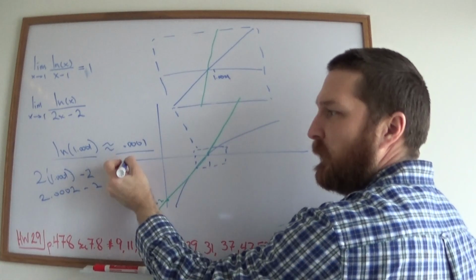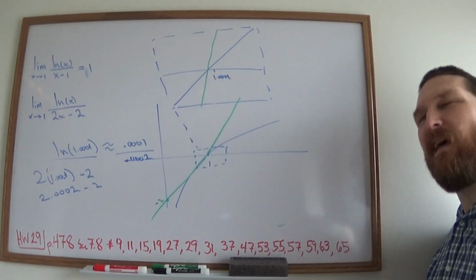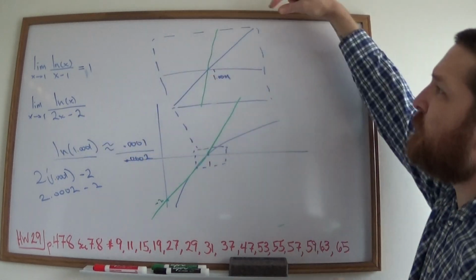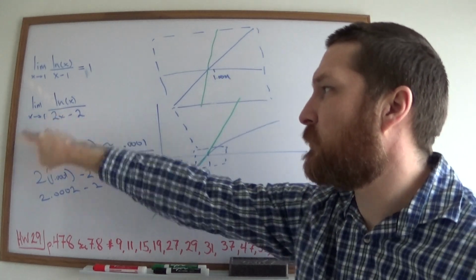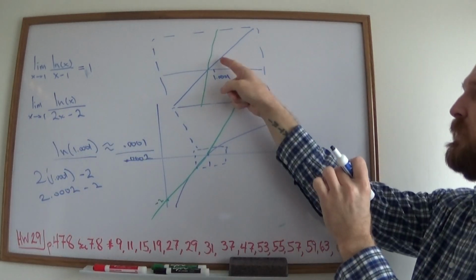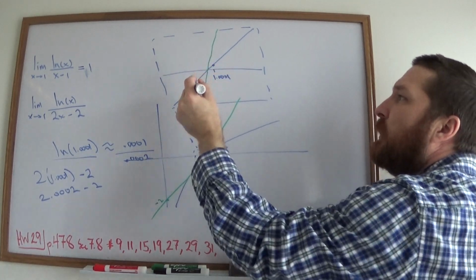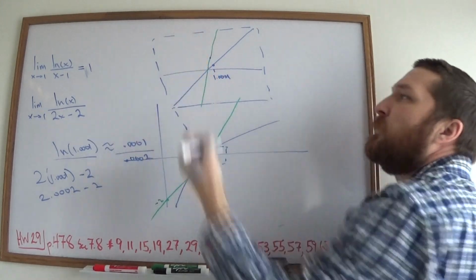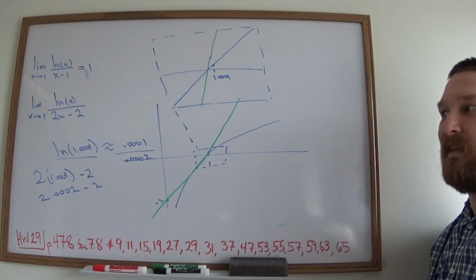It's 2 times whatever this was, 0.0002. And so it does make sense, because as we get closer and closer to the value that we're going to, x minus 1, this guy is always 2 times whatever this is. If that happens to be 0.03, this guy's going to be 0.07. That's kind of how that always works.